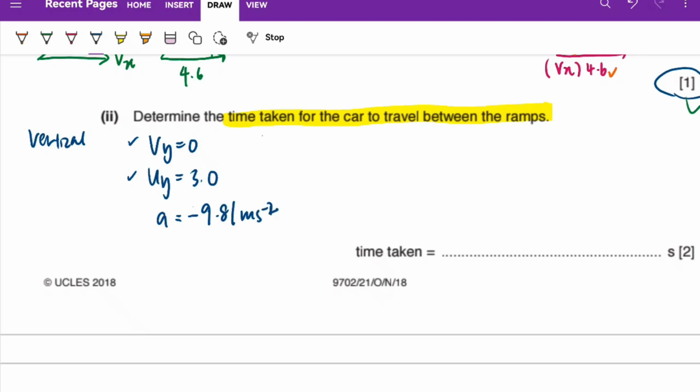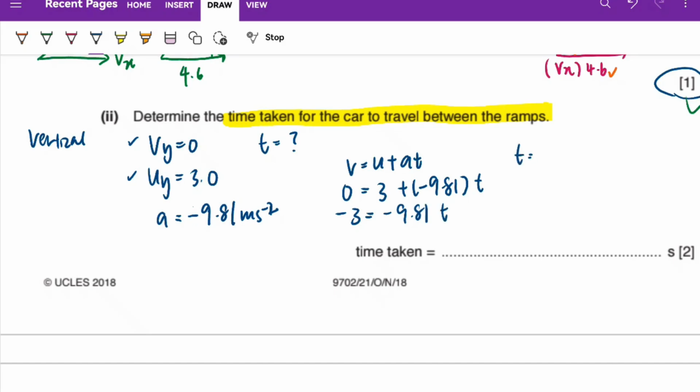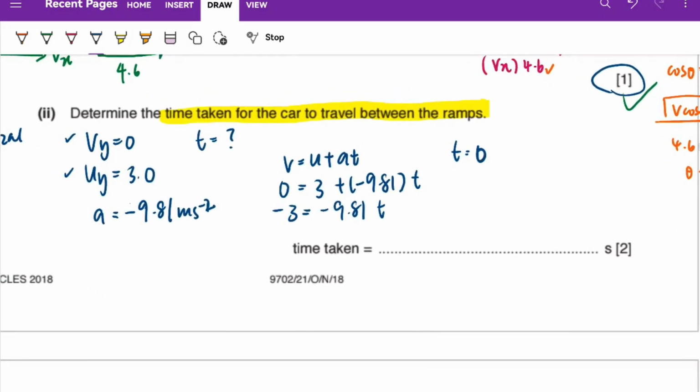So now we're going to find T. We can use one of the kinematics formula where V equals U plus AT. Your V is 0, your U is 3, your A is negative 9.81 and your T. So you do algebra, you will get your T as 0.3058.